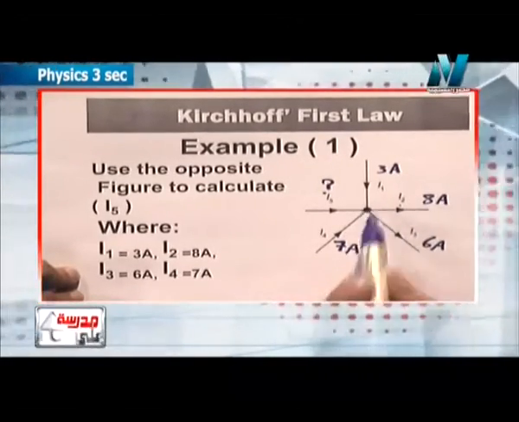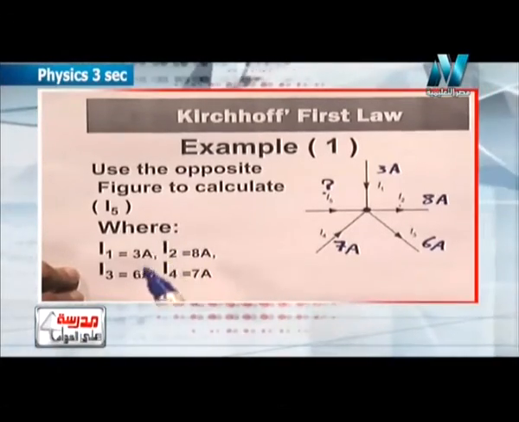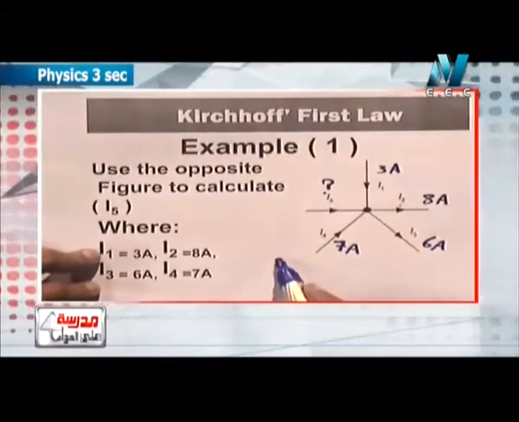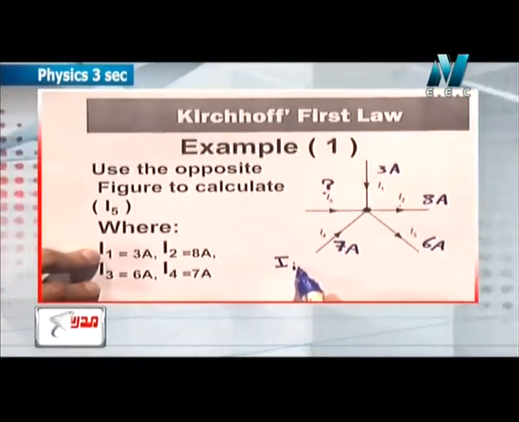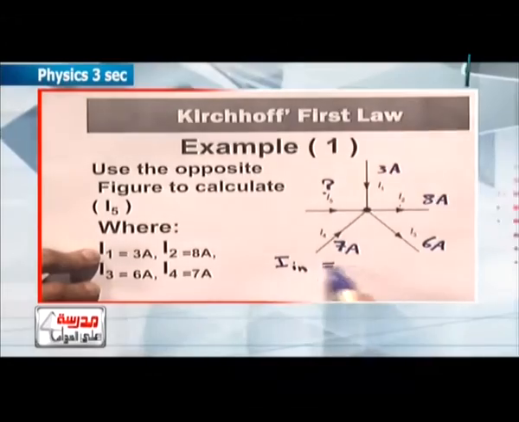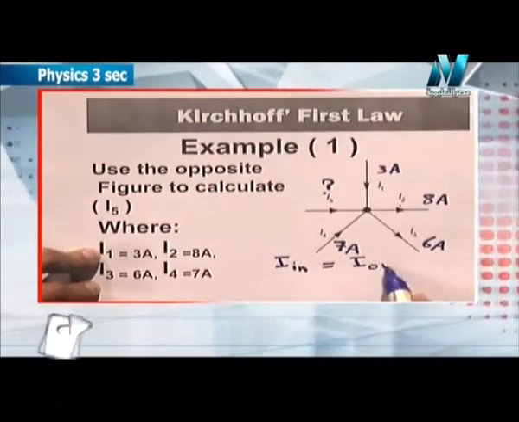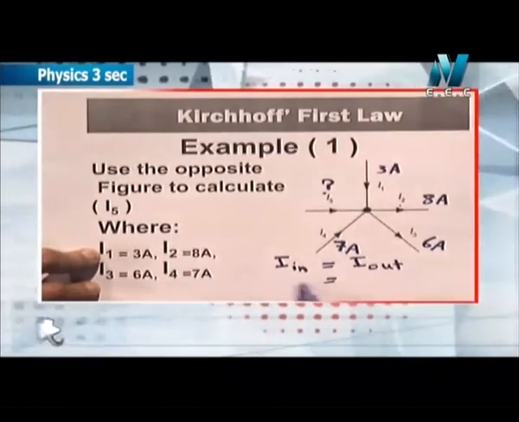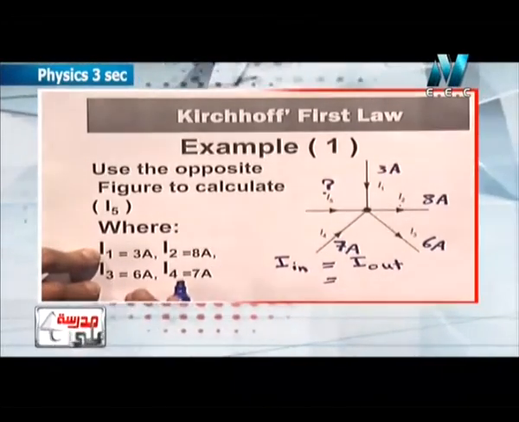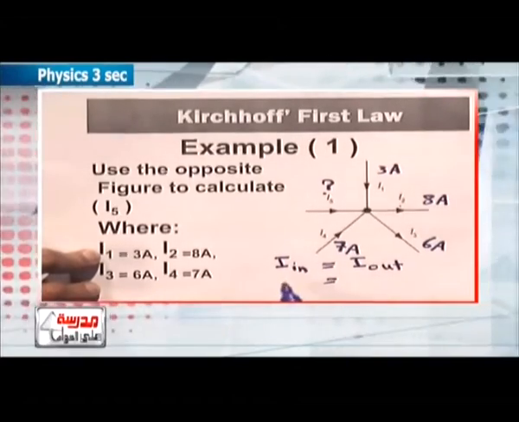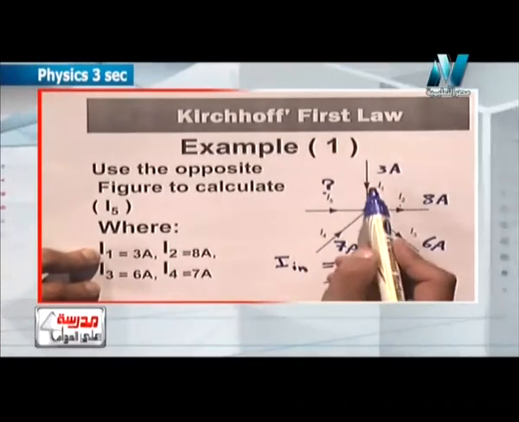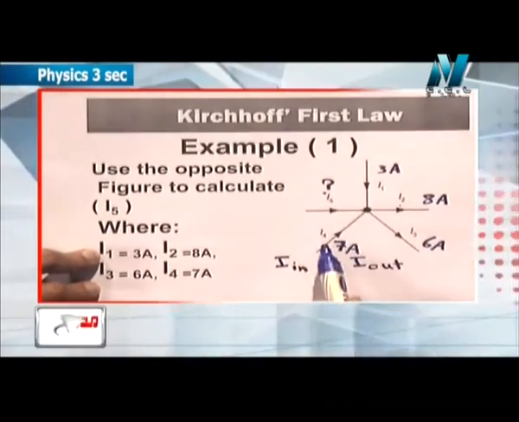By applying the Kirchhoff first law, I enter equals I out. Here on the left side, you have to put the current that enters the node, I1, I5 and I4.